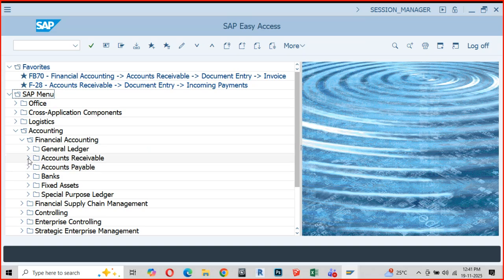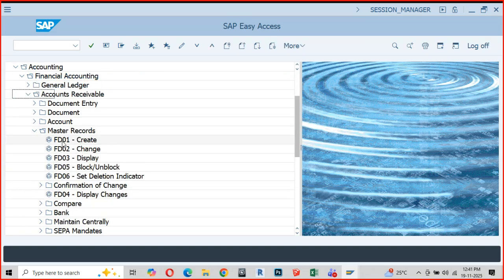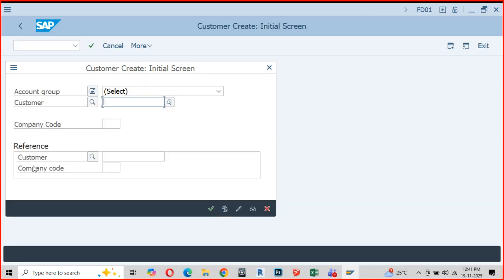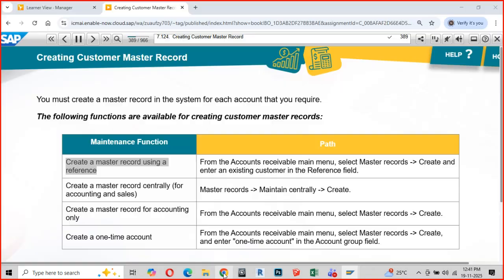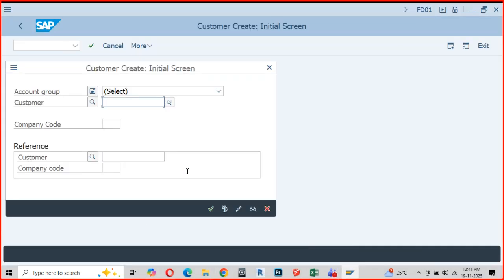If you would want to understand what is meant by with reference, this is the place he is talking about. If you map the slide with this, create a master record using reference, this is what he is talking about.